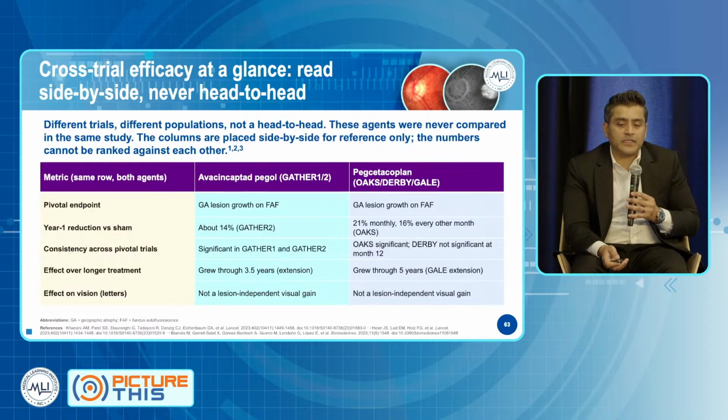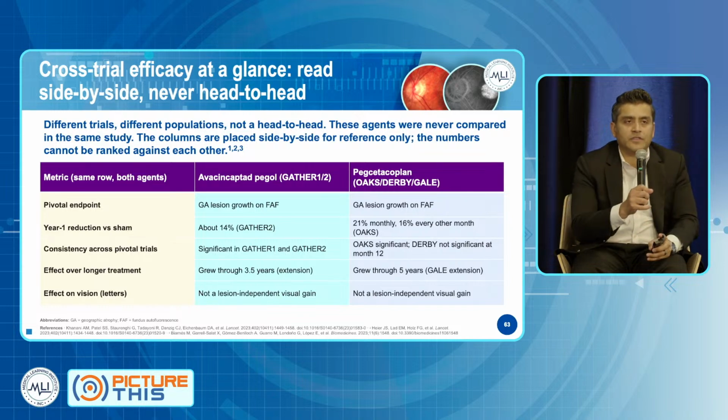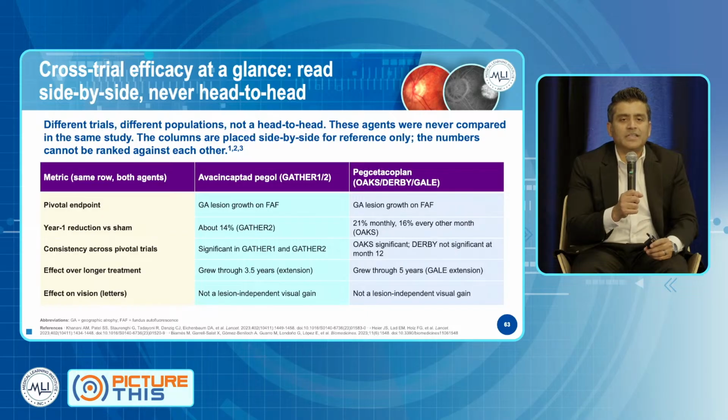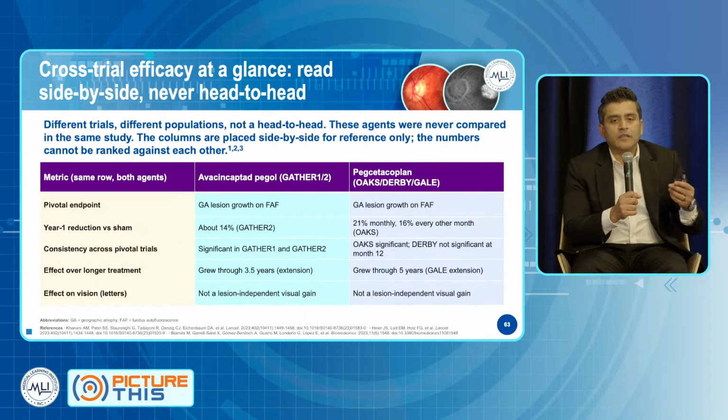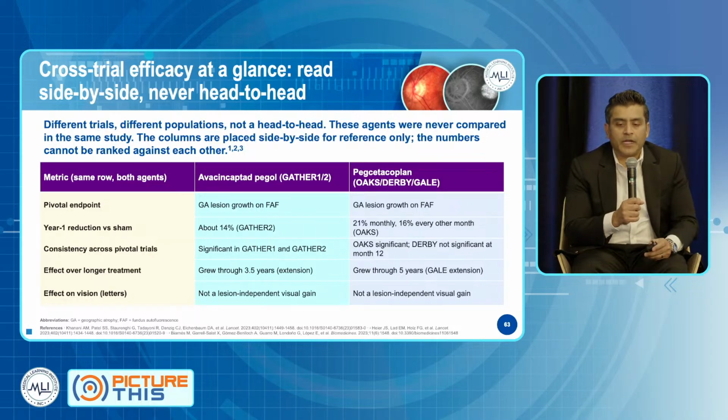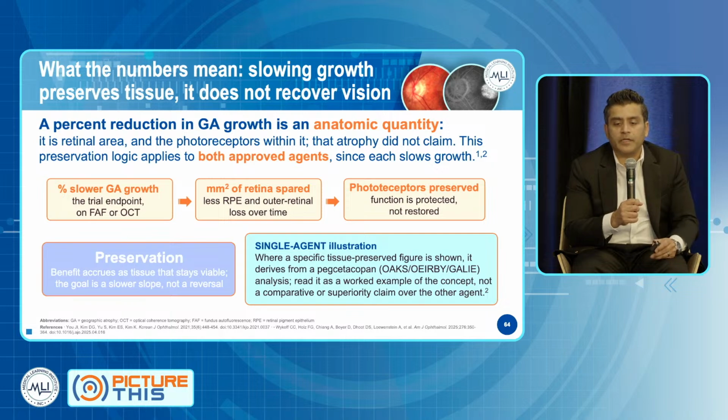When you look at a cross-trial comparison, you should not be doing that because it's not very scientific, but we see an effect in both trials. Of course, the baseline characteristics are different. The treatment mechanisms are different, but it's attacking the same pathway. And what we see is an increasing effect over time. So when patients ask about treatment, we say that we have seen consistent results in terms of slowing down disease based on the treatment with complement inhibitors.